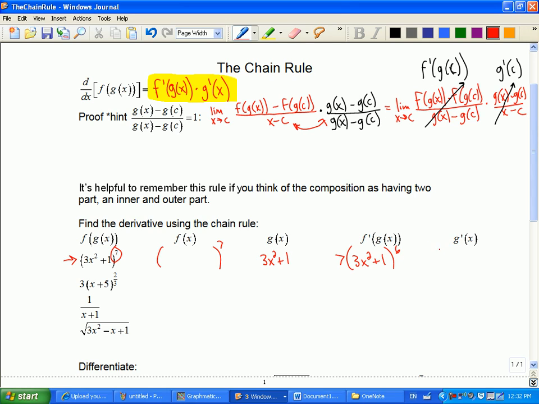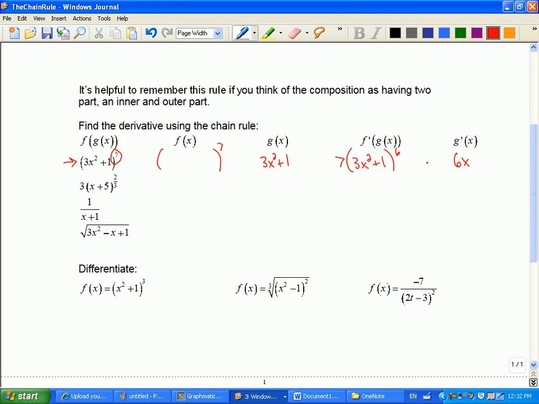However, we have to multiply by the derivative of the inside, which is 6x. So the derivative of this piece here, the only technique you'd have to do this right now would be to expand it, and that's quite a long process with the 7th exponent. But now you have a technique that will give you the derivative here without having to do all that.